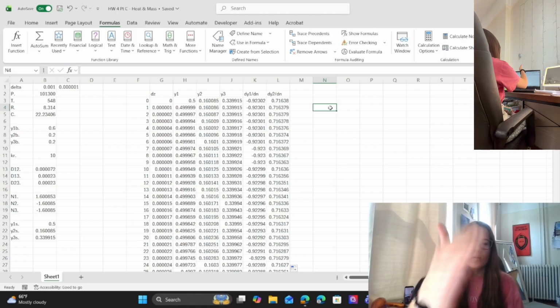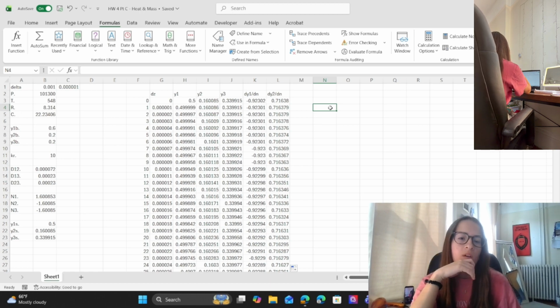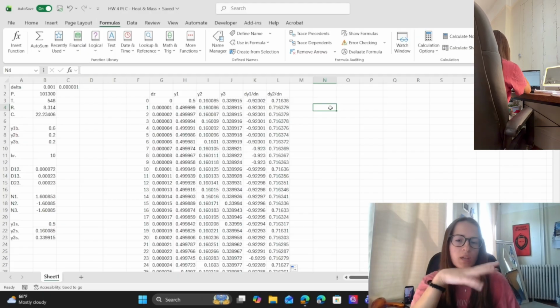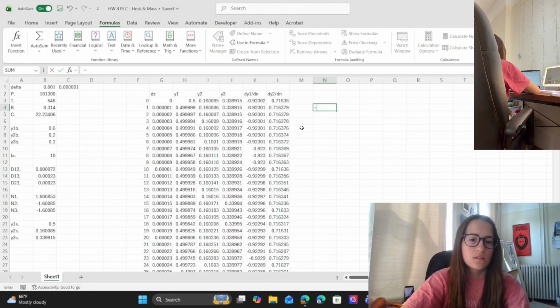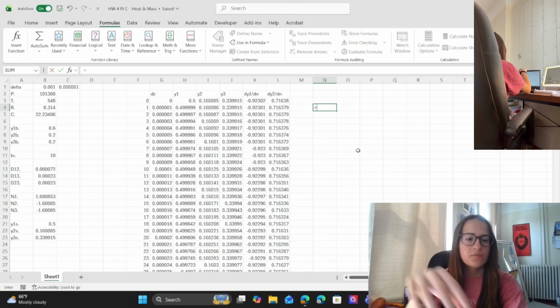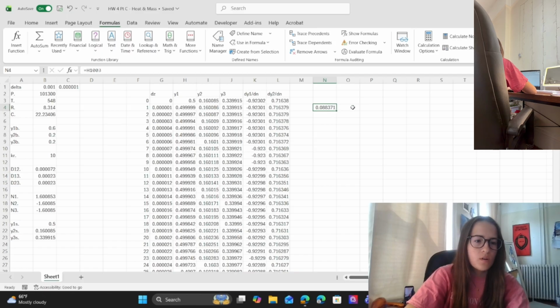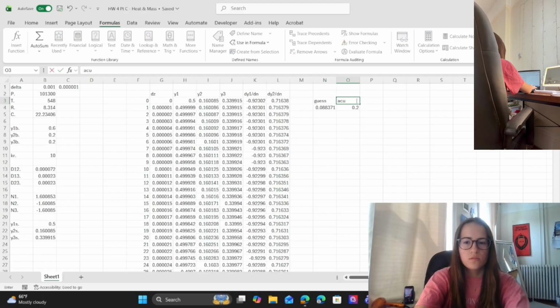So this is how it's changing based on our guess flux that we made and the guess molar concentration. But now that we have this set up, we can actually see what this guess is versus how it compares to what it actually is. So H1003, this is what it's saying y2 is going to be, but we know that it's actually supposed to be 0.2. So this is our guess, and this is actual.